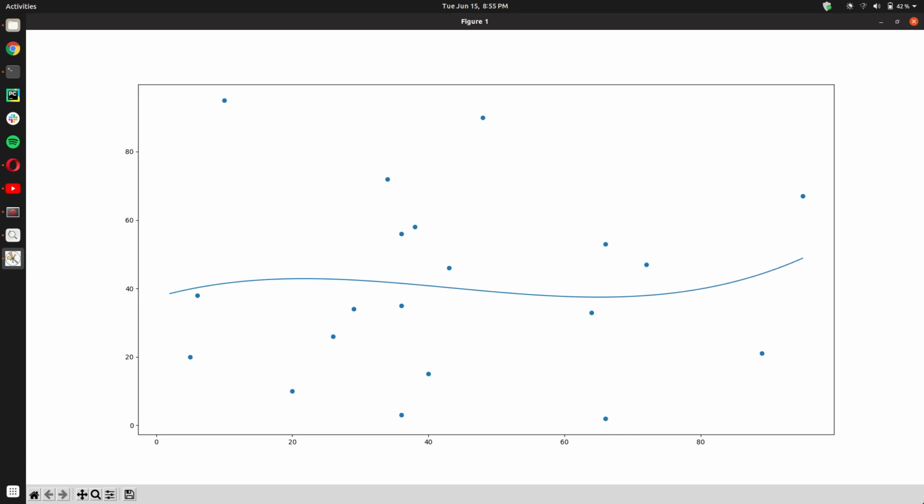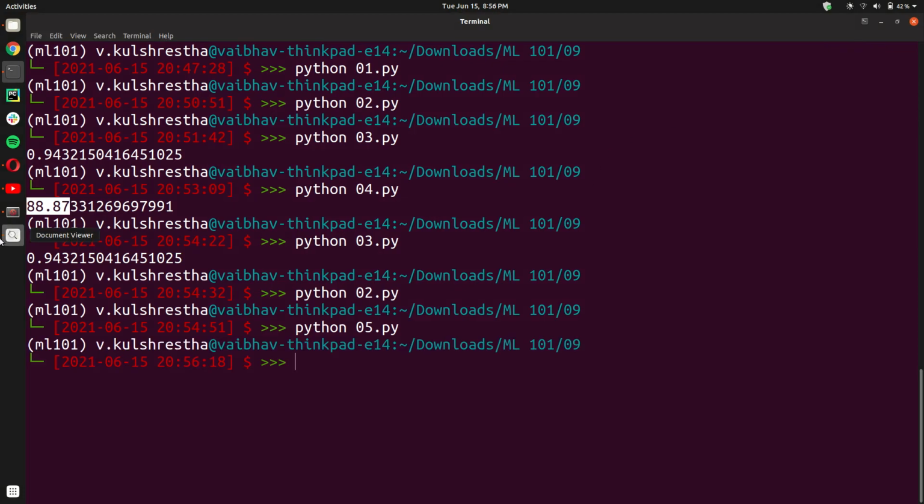As you can see, much like the previous lecture, all the values are spread all over the graph, and this degree 3 line goes through roughly the middle of these values, but you can't predict any good values with this line. For example, at an x-axis value of around 50, the line's y-axis value would be around 40, but an actual point around 50 had a y-axis value much greater than 80, around 90. So polynomial regression can't always save you.